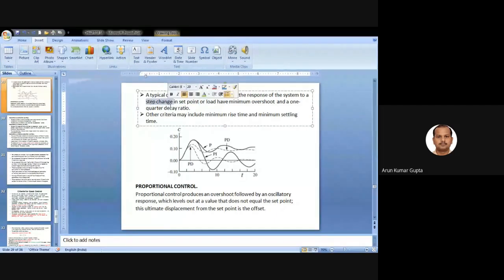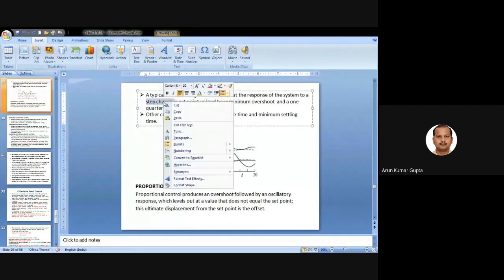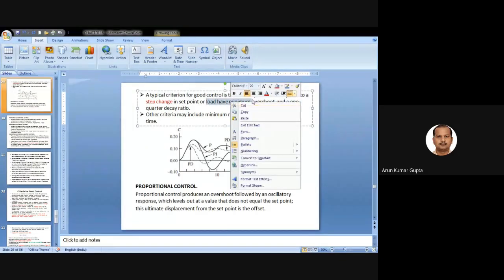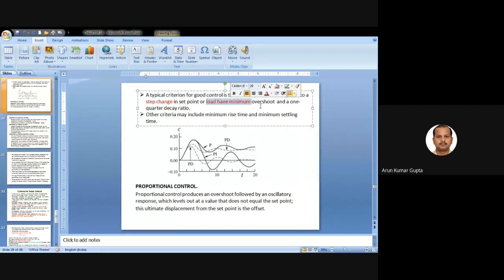Generally, we take this step change as an input parameter in a set point, or we also make the load a minimum load. We have load with a minimum overshoot. This we also take as an initial optimization of the problem, and one quarter decay ratio.